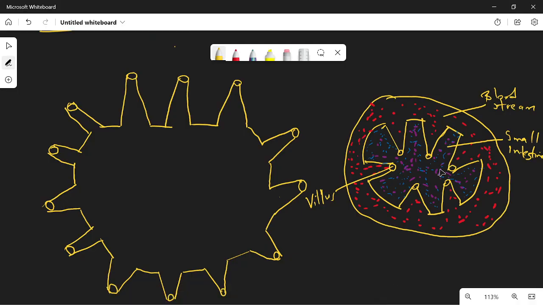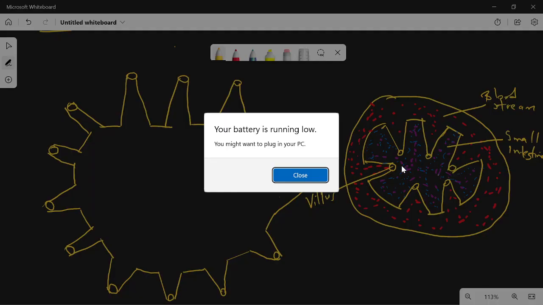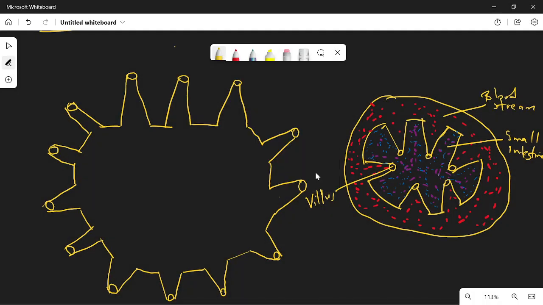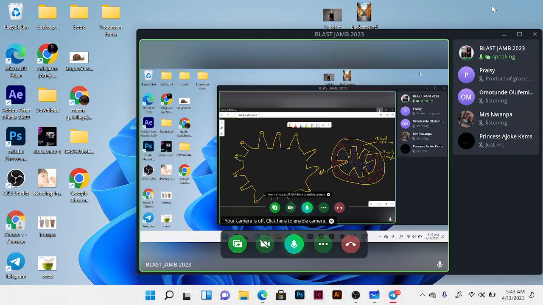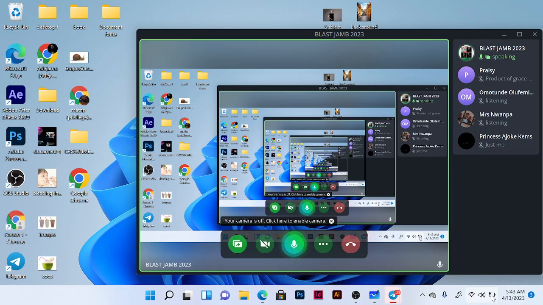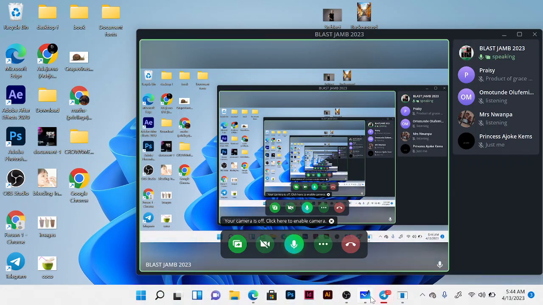So the villus absorbs the what? It allows the passage of the nutrients from the what?